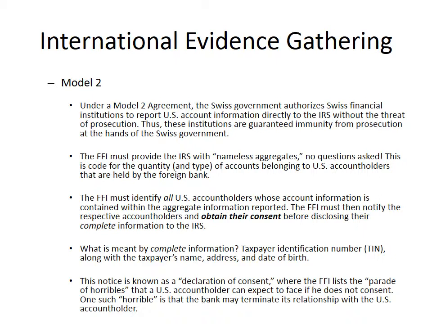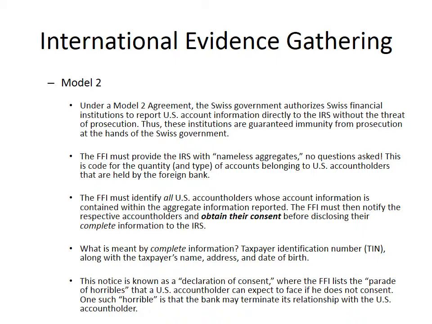Otherwise, no banker was going to take the risk of exchanging information to the IRS. The threat of prosecution was simply too overwhelming, and they were not willing to take that risk.